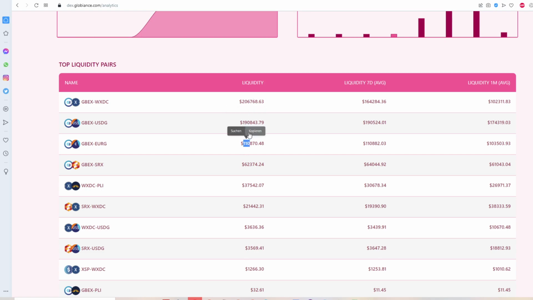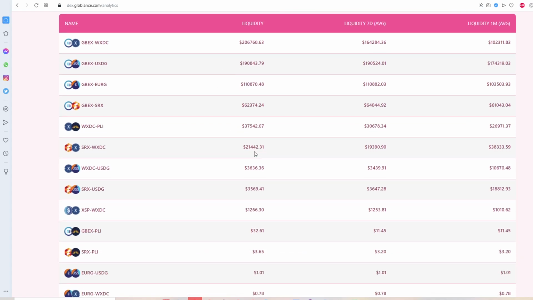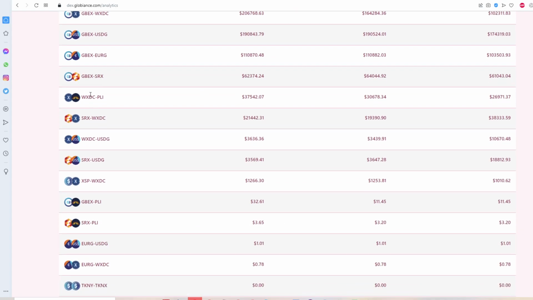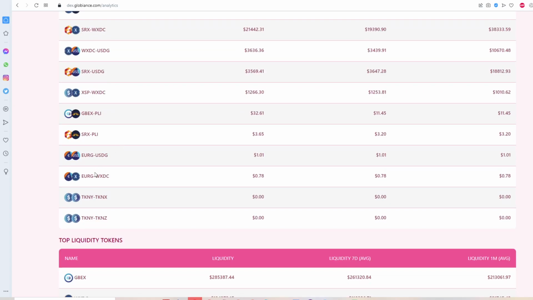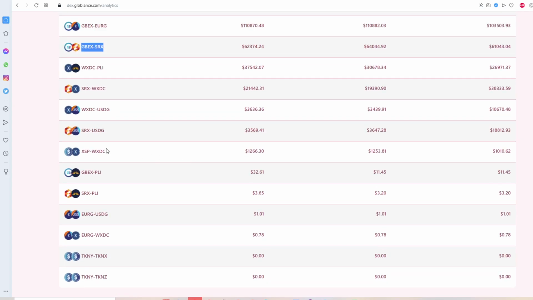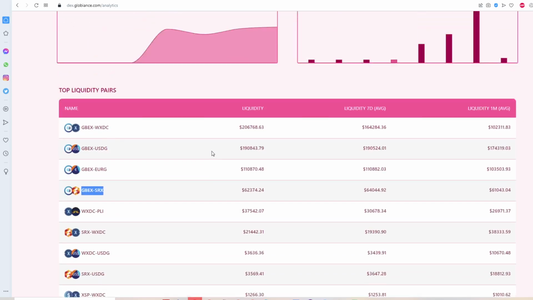There's also a big part of this liquidity which the team added from the 300 trillions. That's part of the liquidity added here. Otherwise it would logically be lower. But you can see even for other pairs like that, 60k, 30k. So someone already added some stuff on certain pairs.